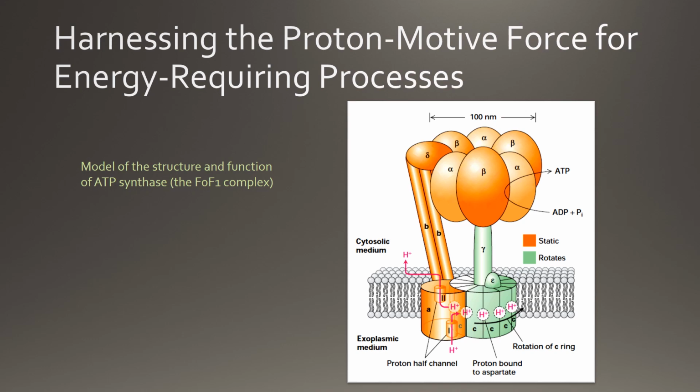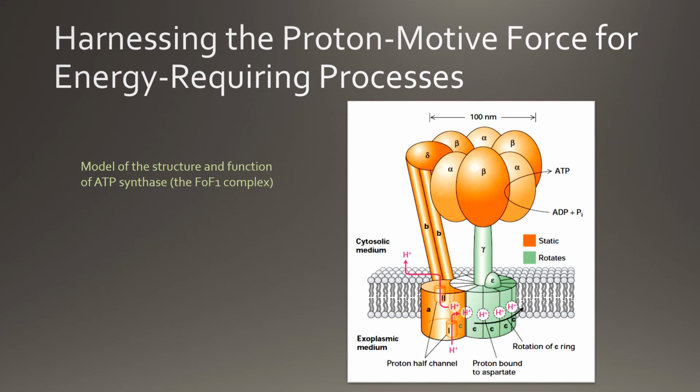When F1 particles reassociate with these vesicles, they again become fully active in ATP synthesis. Because F1 separated from the membrane is capable of catalyzing ATP hydrolysis, it has been called the F1 ATPase. However, its function in the cell is to synthesize ATP.